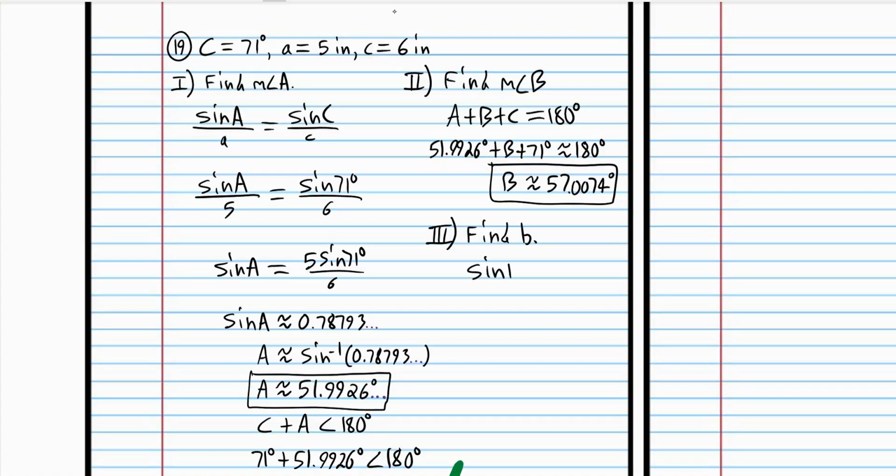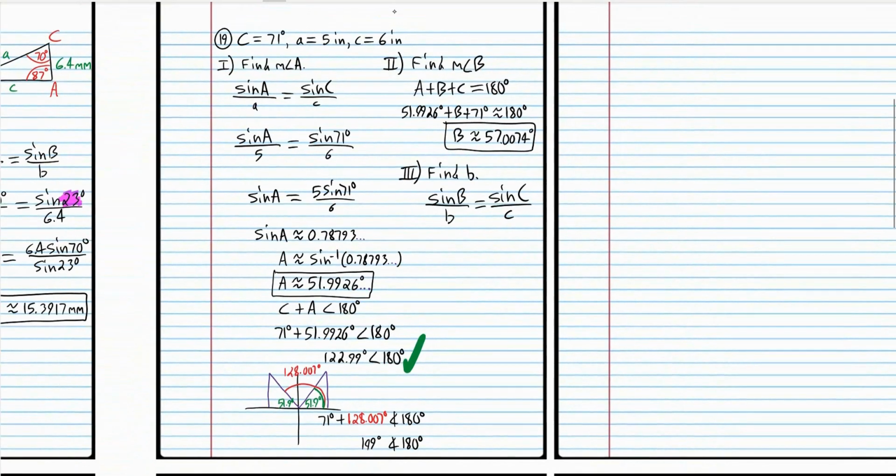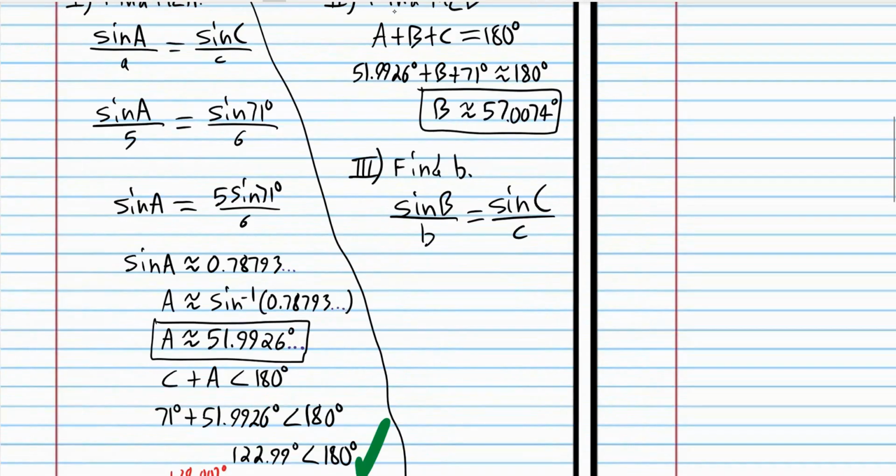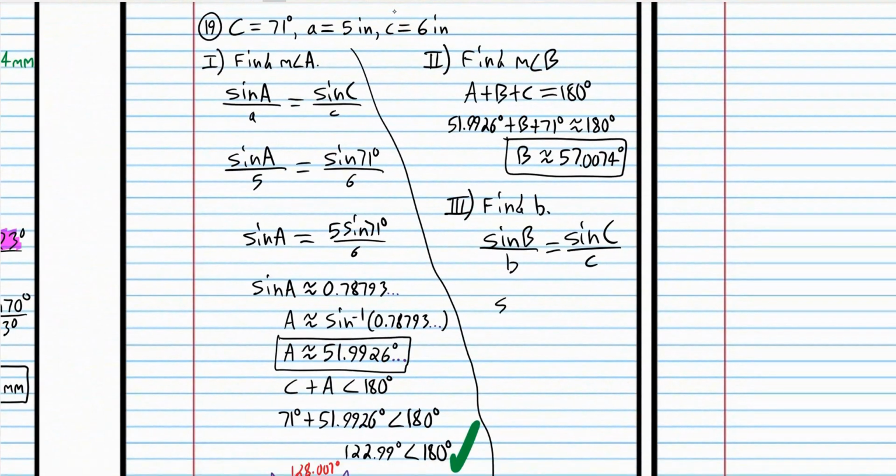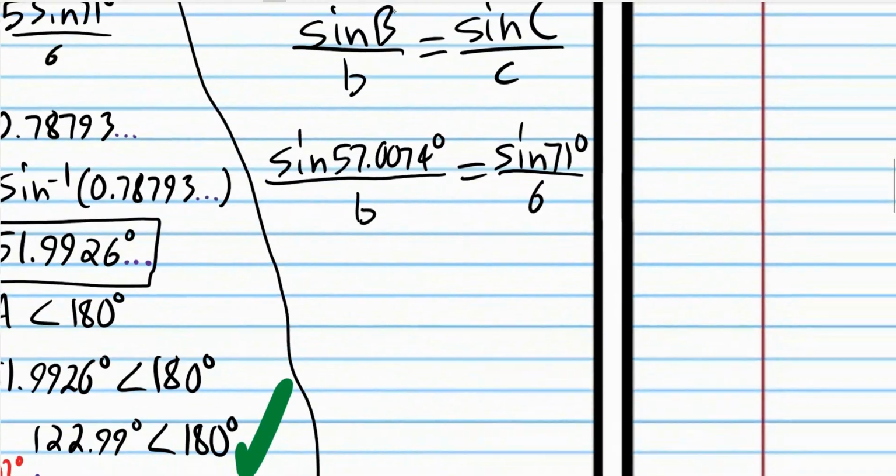So we're going to use sine B over b is equal to sine C over c. We want to use sine C because we were given that information. We don't have to round off. So sine 57.0074 degrees over the side length that we're looking for is equal to sine 71 degrees over 6.